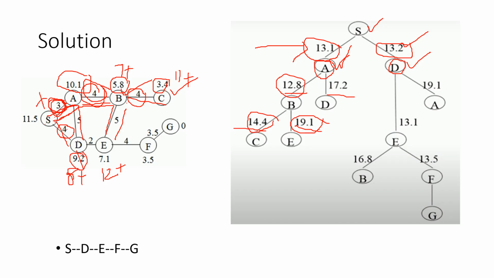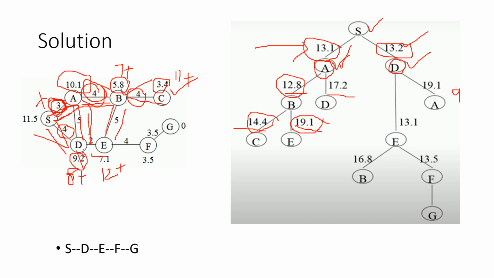Here you can see from D there are three neighbors: S, then A, then E. We already expanded S, so now we will go for A. Here the G of n will be S to D, that is 4, then D to A it is 5, so that is 9.